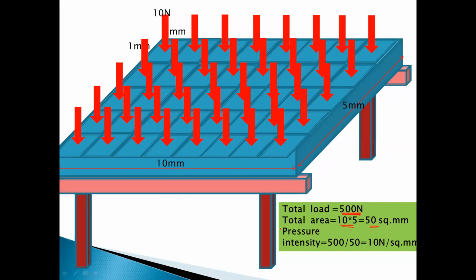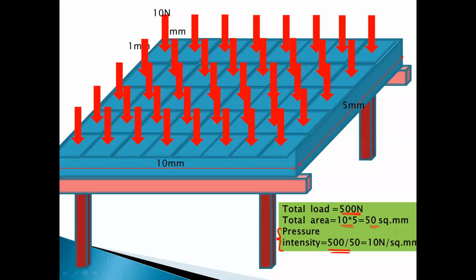A distributed load in three dimensions is represented as a pressure intensity. So the pressure intensity is the net force, 500 newton, divided by the total area, 50 square millimeter, so it is 10 newton per square millimeter. This is the pressure intensity.